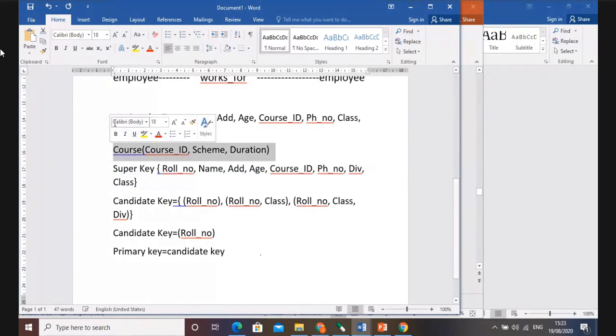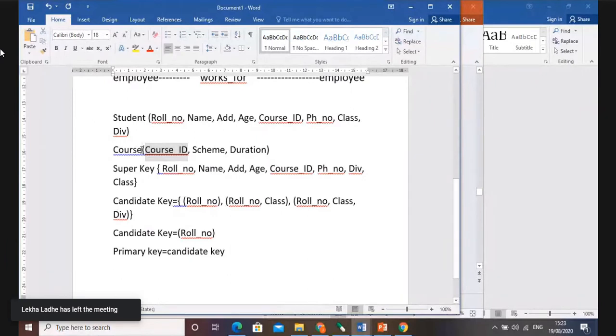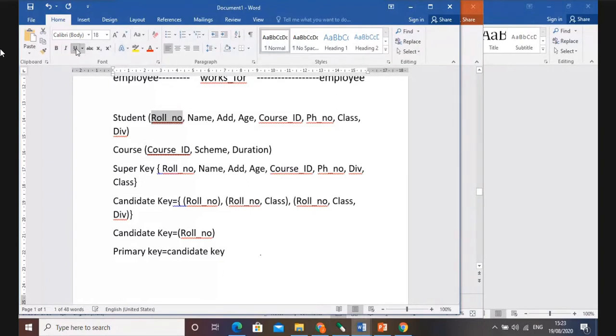Course is one relation and student is another relation. Here Course ID is the primary key for course, and roll number is the primary key I have considered for the student.